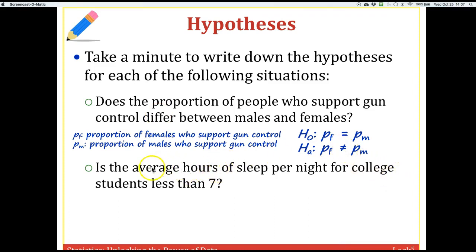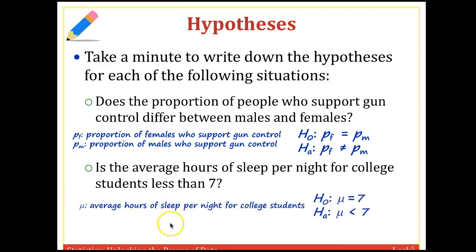For the second one, we're going to look at the average number of hours of sleep per night for college students. So we're going to let mu denote the average hours of sleep per night for college students. So mu is an average, but average can mean a lot of different things, so make sure to clearly state what your variables mean.